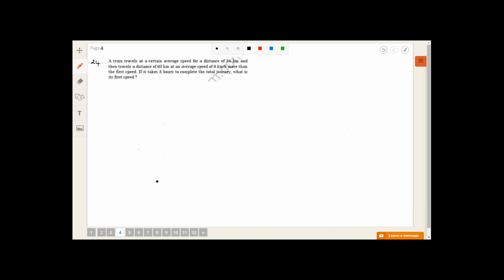Now question number 24. A train travels at a certain average speed for a distance of 54 km and then travels a distance of 63 km at an average speed of 6 km per hour more than the first speed. If it takes 3 hours to complete the total journey, what is its first speed?